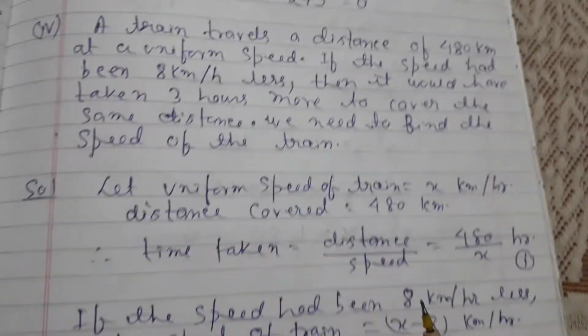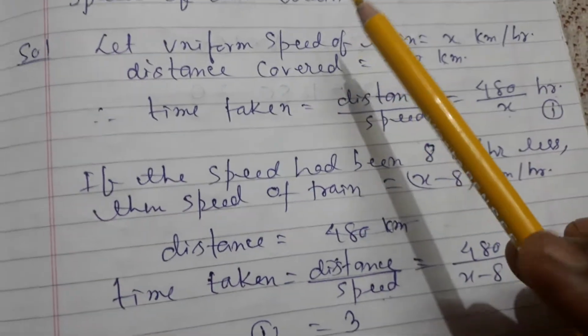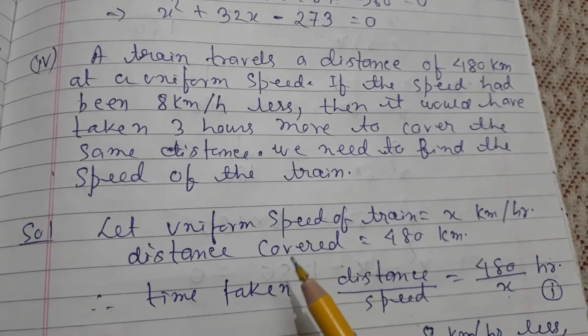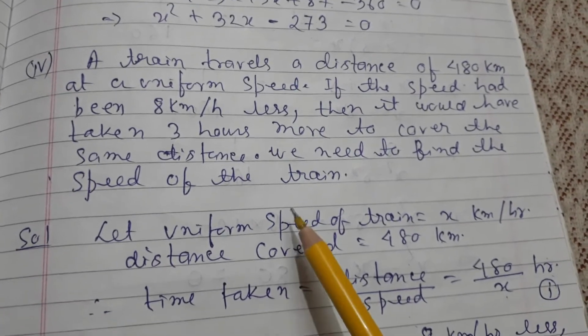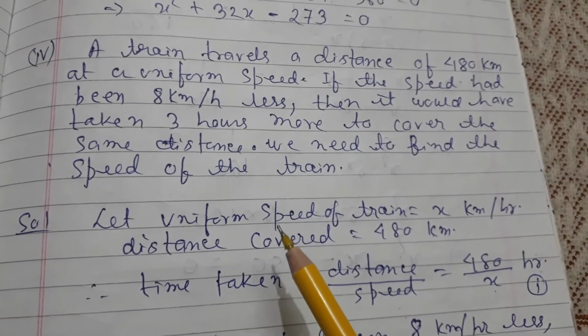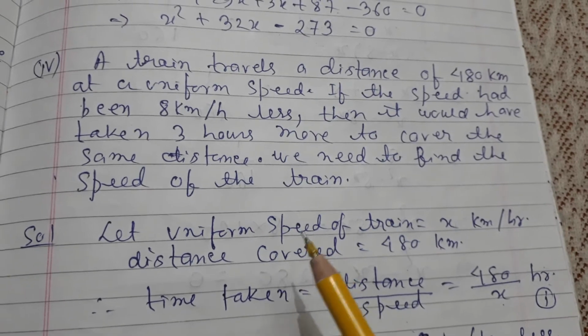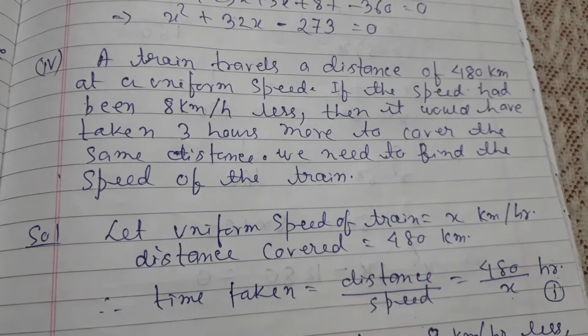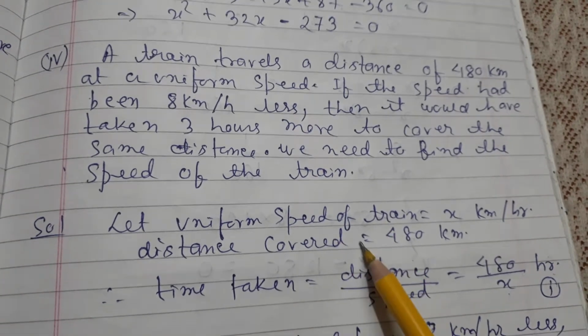In this question, the speed of the train varies. In the initial stage, the speed of the train is x km per hour, and in the final stage, the speed of the train becomes x minus 8 km per hour. Okay, and distance is constant in both cases, initial case and final case. Distance is 480 km.